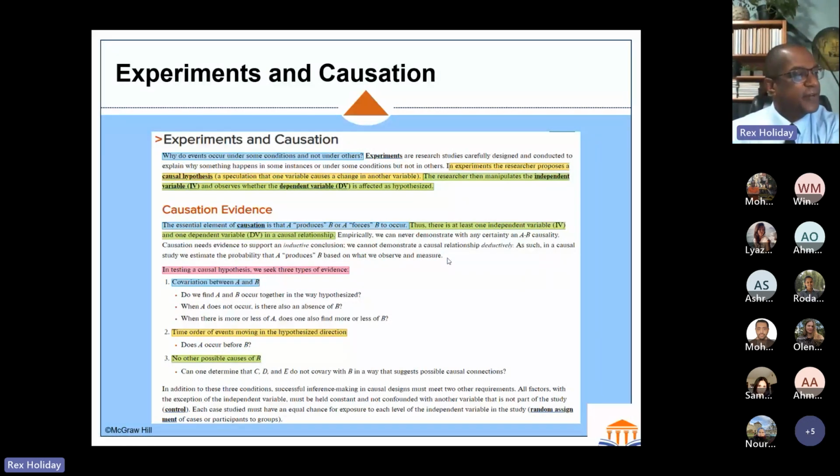So why do you think that is? Why is it that we can't deduce it? We can only infer, or it can be an inductive conclusion, but it can't be concluded deductively. In other words, it's not definitive.